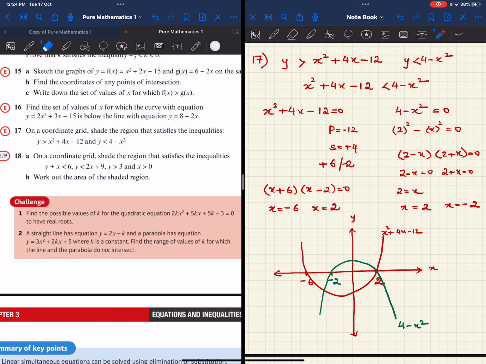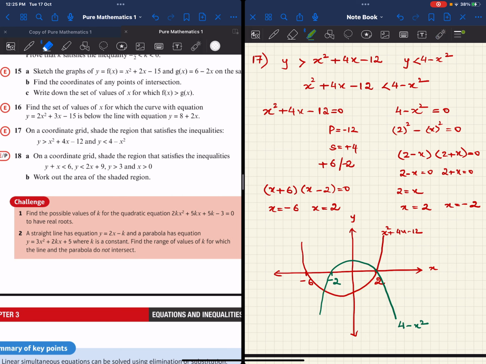For example, if I take a coordinate here and here, the x coordinates of both points will be the same, but the y coordinate here will be bigger. So for this entire region, the curve 4 minus x squared has bigger y values as compared to the curve x squared plus 4x minus 12.